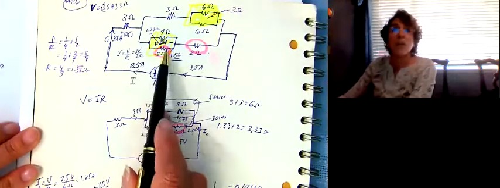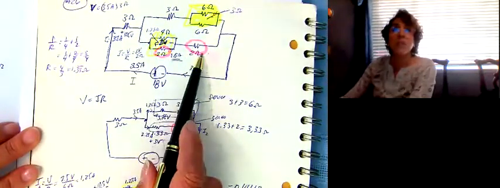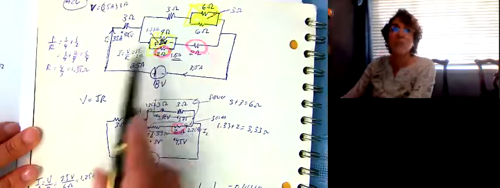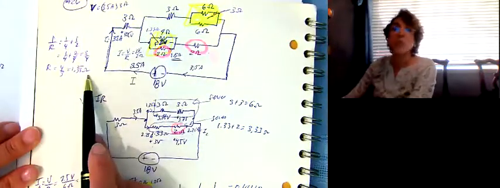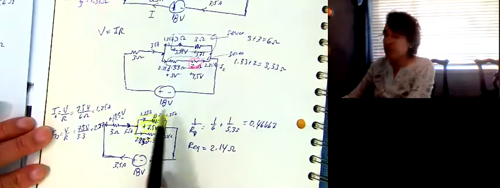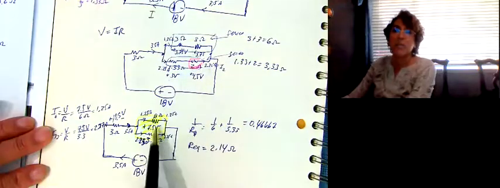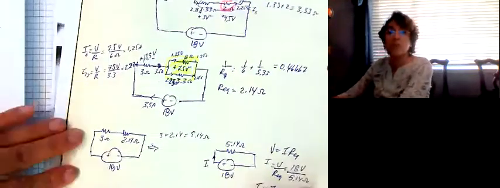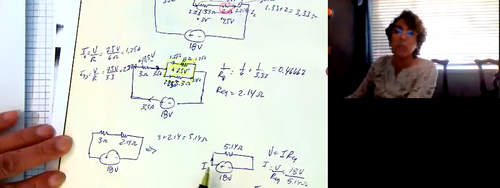I had the 2 ohms in series with this combination, which we determined is 1.333333 ohms. Then I noticed that they're in series with each other, so I further reduced them down. And that series combination is in parallel with this series combination. That's how I figured out exactly what the total current is going through the power supply.